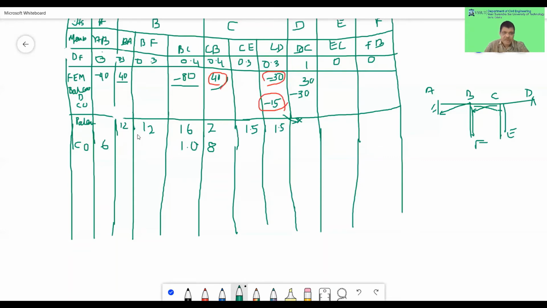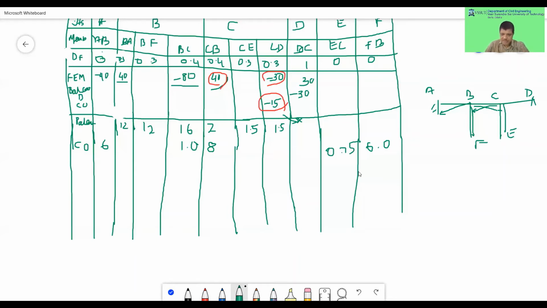Now from BA we got here. From BF it is 12. It will go to FB, so it is plus 12. So it will go to 6 here. Now this will not come here. Now CE is 1.5, so C will go to EC. So it will come here 0.75. Right.